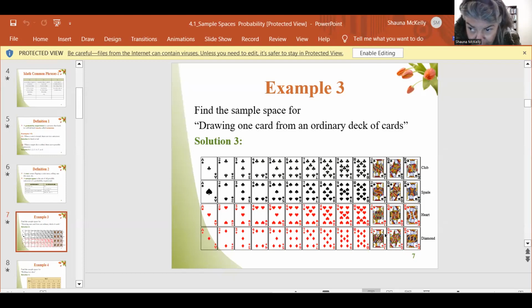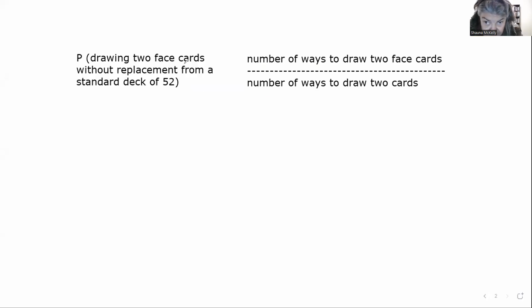So here, what I'm going to say is this: from the 12 face cards, draw 2, okay?